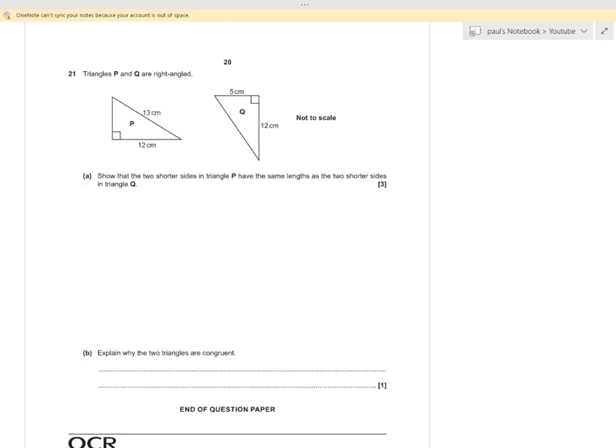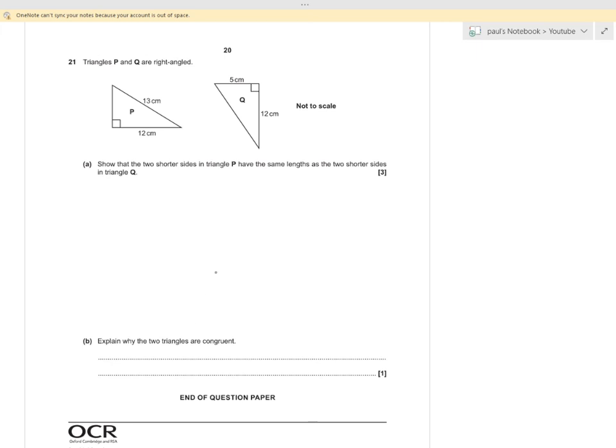Ooh, triangles. For the very last question. Triangles P and Q are right angles.